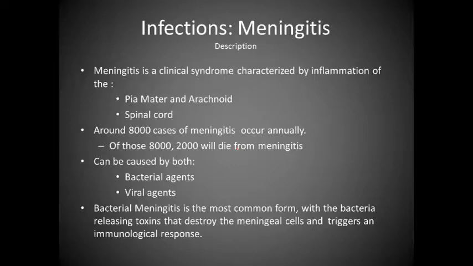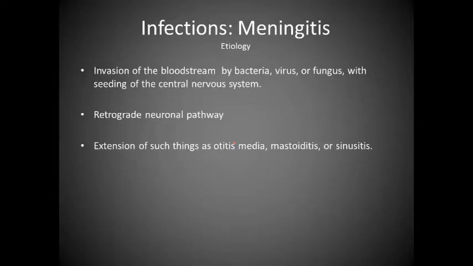The bacteria kills off meningeal cells, and the body initiates an immunological response, which may or may not be effective. So what causes meningitis? In short, an invasion of the bloodstream by bacteria, virus, and/or fungus with seeding of the central nervous system. So somehow it crosses over into the central nervous system.